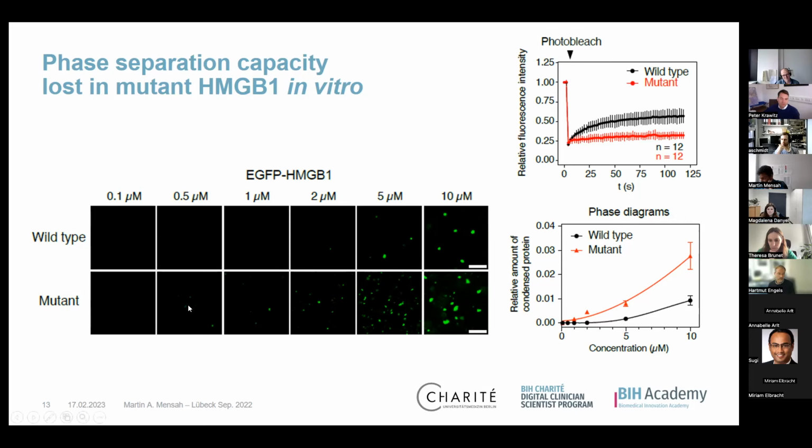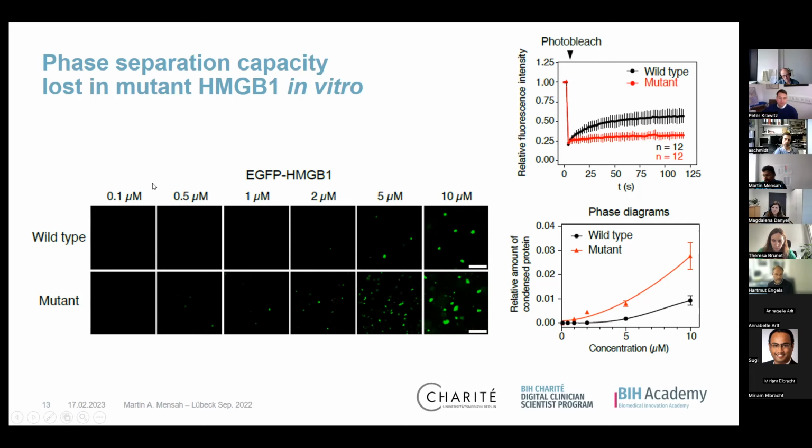Now, this said, what did we test? That's something that not I did, but the colleagues at the MPI, especially my colleague Henry Niskanen did it. What they did is they tested whether the phase separating capacities of mutant HMGB1 differ from wild type HMGB1. First, look here at this series of images, the wild type HMGB1.